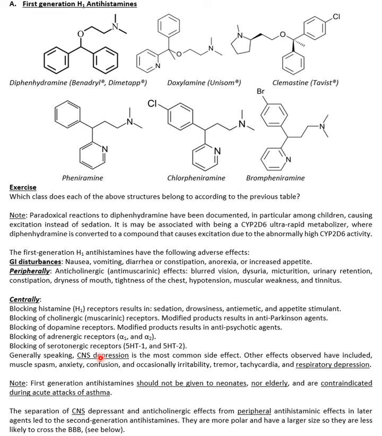In other words, they are less likely to cross the blood-brain barrier and reach the brain. And this is the second generation antihistamine that we'll talk about. We do this by making these second generation molecules more polar and making the size of the molecules larger, such that it's more difficult for them to cross the blood-brain barrier.